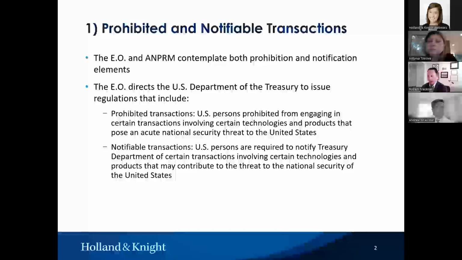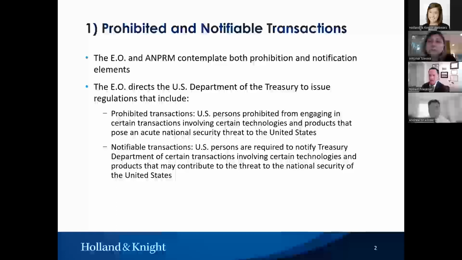And prohibited transactions, which is a smaller subset of transactions, involve technologies or products that pose a particularly acute national security threat because of their potential to significantly advance the military, intelligence, surveillance, or cyber-enabled capabilities of countries of concern. So just to summarize, there's a broader set of notifiable transactions and a narrower set of transactions that are prohibited.